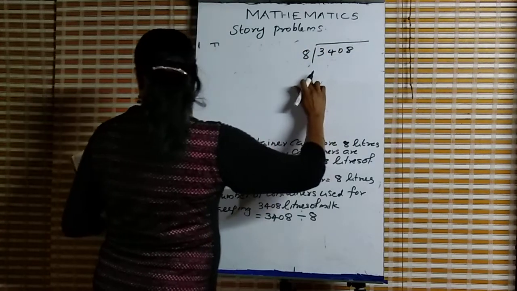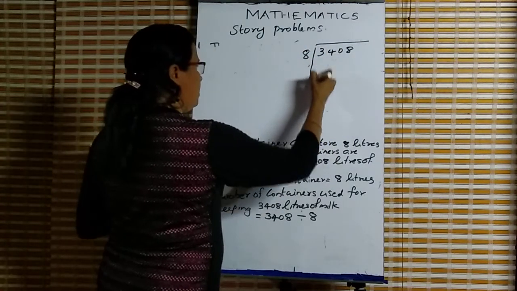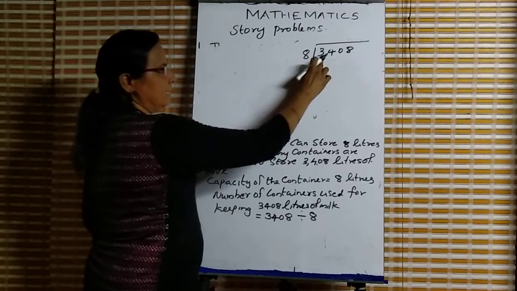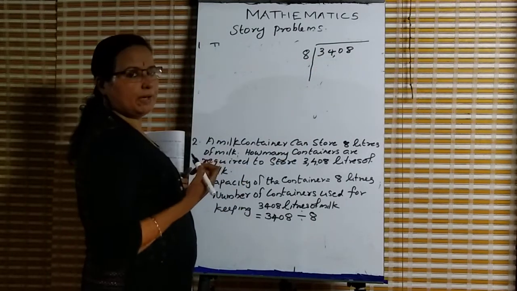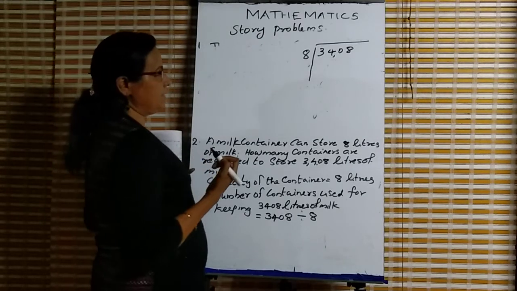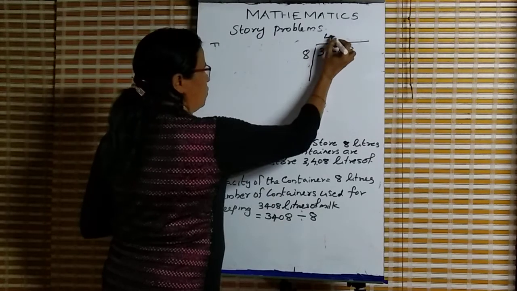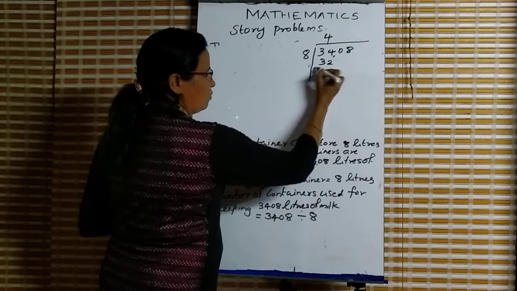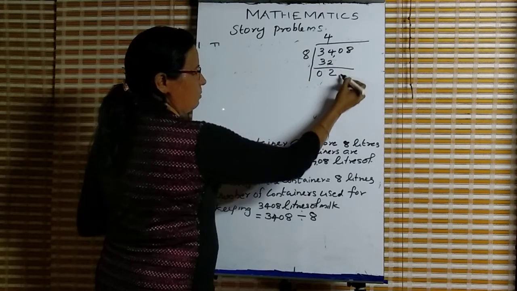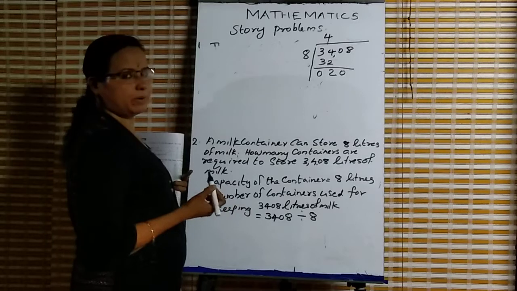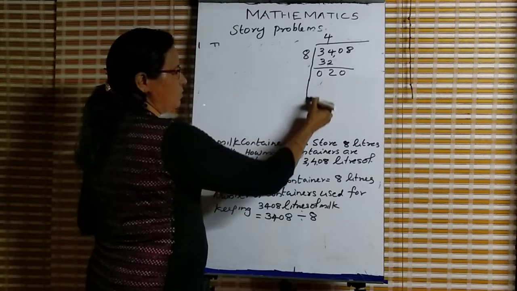Divided by 8. First we take 3, which has no 8, so 34 together, and find out how many 8s are in 34. 4 eights are 32. 34 minus 32 is 2. Bringing down the next number 0, now it is 20.